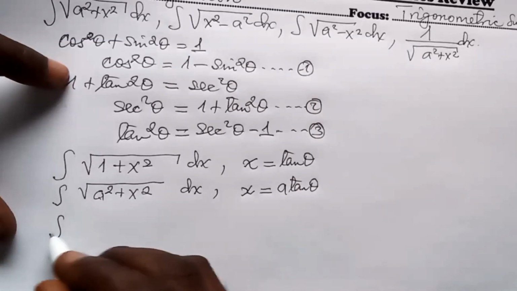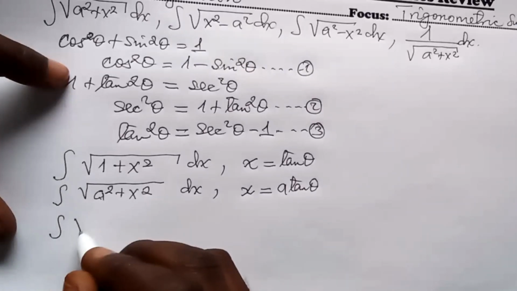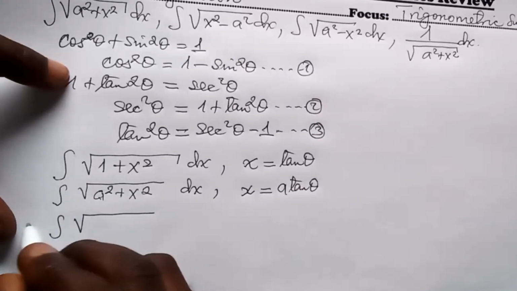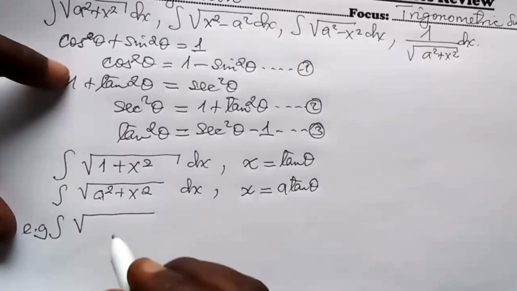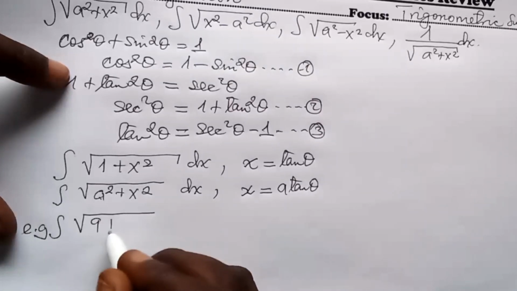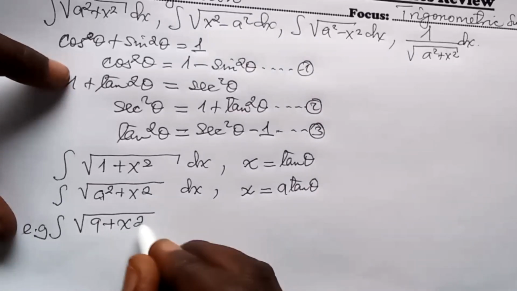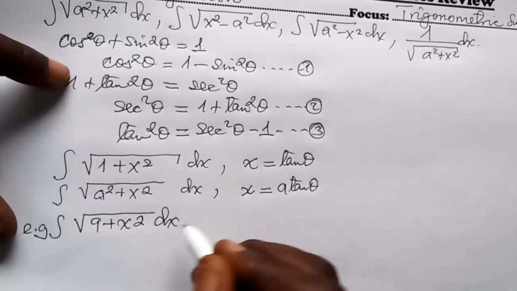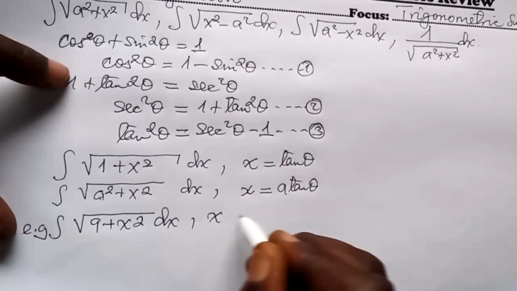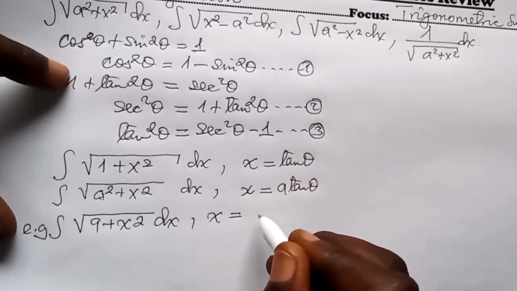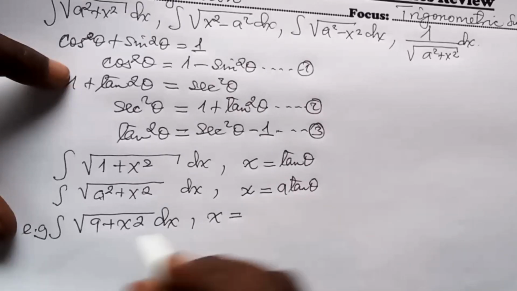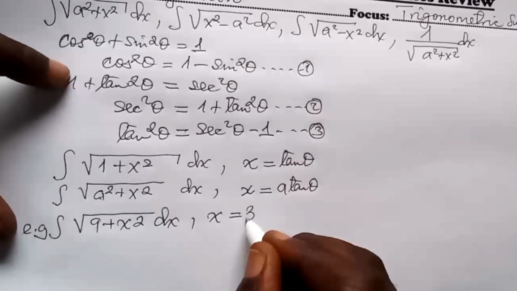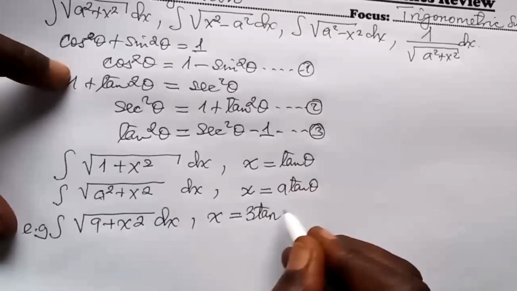In the case where we have, for instance, take an example, the integral of the root of 9 plus x squared dx, the substitution should be x equals the square root of 9, which is 3 tan theta.